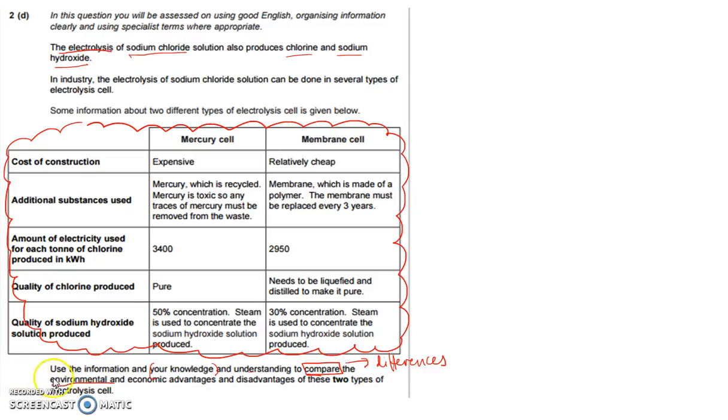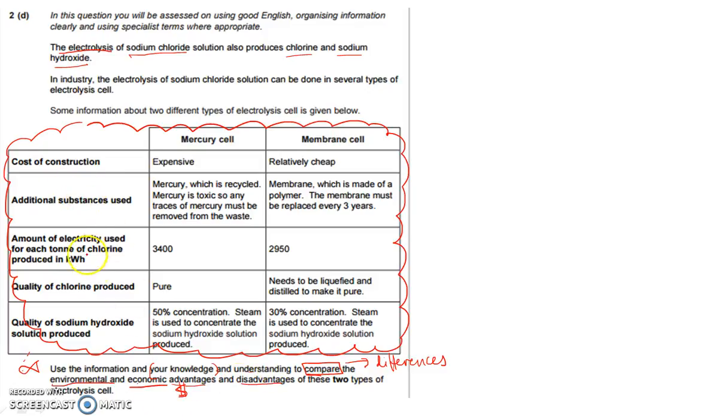So remember, environmental is all about fishes, living things, and the economic advantages. So we're talking about money here. So we've got living things, and we've got money. Then we're talking about the advantages and disadvantages of the 2 types of electrolysis cell.